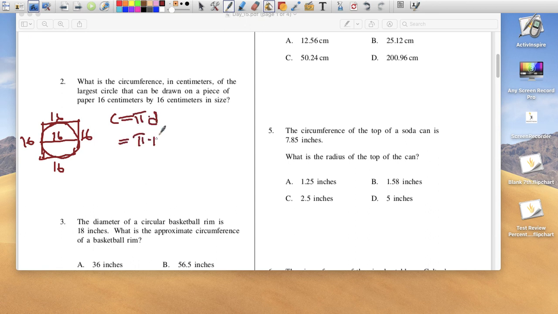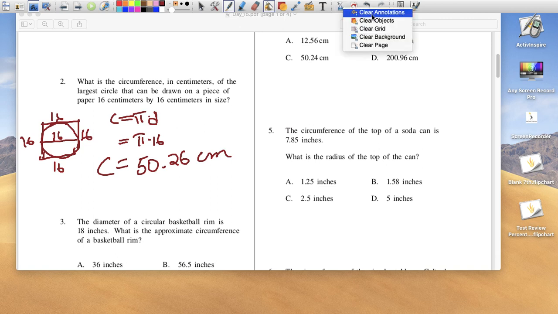C equals pi times 16, because that would be the diameter of that circle. 16 times pi equals 50.26. So the biggest circumference would be 50.26 centimeters.